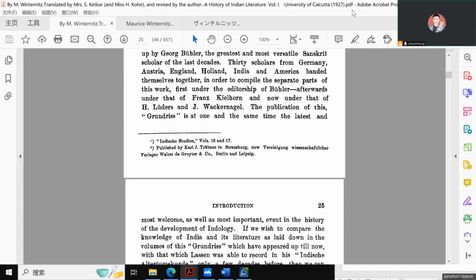And the third week I'm still not sure what I can do, but basically it will be a reading course, reading some Sanskrit or Indian philosophical materials.